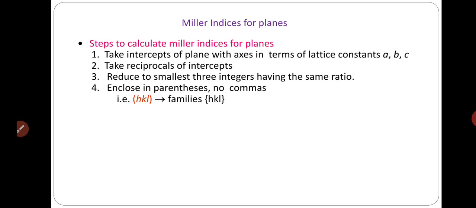And finally, enclose these integers in parentheses. There should be no commas. That is, HKL in round brackets represents the Miller indices for planes.